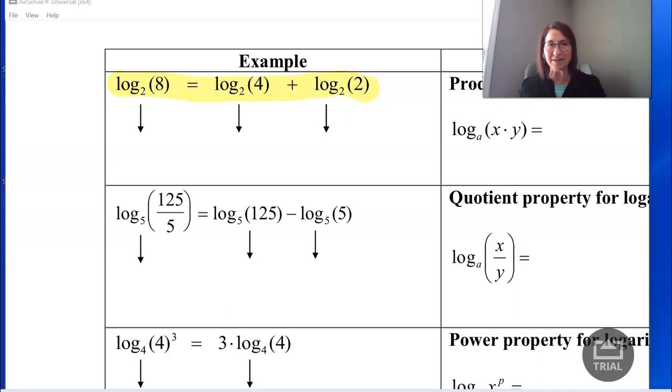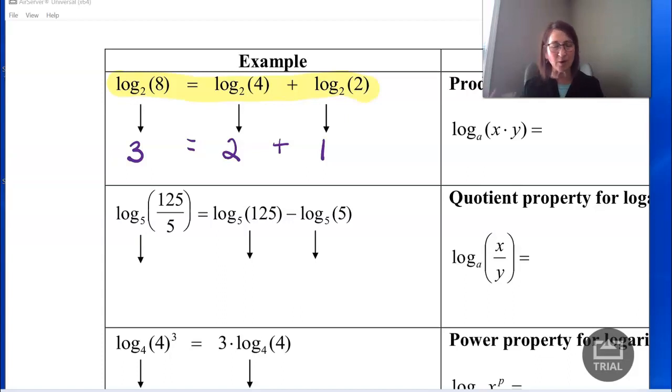Log base 2 of 8 is going to be equal to 3 because 2 to the 3rd is equal to 8. Log base 2 of 4 is going to be equal to 2, plus log base 2 of 2 is 1. So I've got 3 is equal to 2 plus 1.